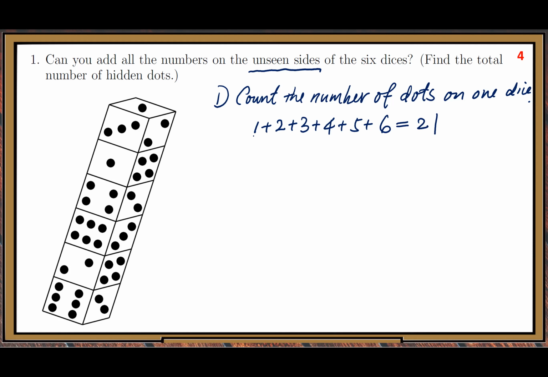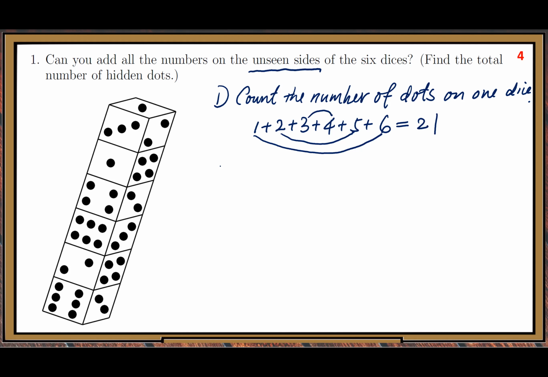You can group them in pairs: 1 and 6, 2 and 5, 3 and 4. You group them in 3 pairs. The sum of each pair is 7. 3 times 7 is 21. First step.